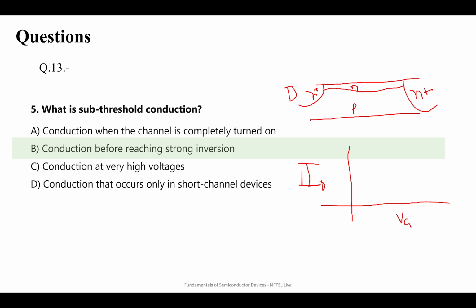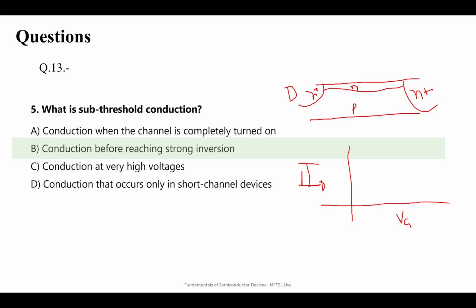But even before the inversion is formed, in an extremely off condition like accumulation, this region would be highly p type, with very few electrons available. But just before inversion, you will have a good amount of electrons here.